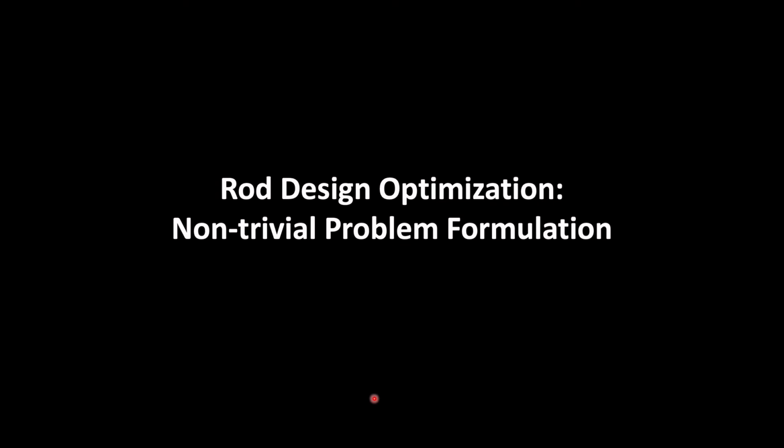We're going to look at a structural design optimization problem involving a structural rod. And this is an example of a non-trivial problem formulation. This is the type of formulation that often motivates the use of design optimization. There's some kind of non-obvious solution to an engineering design problem, and optimization really can bring some value to this activity.